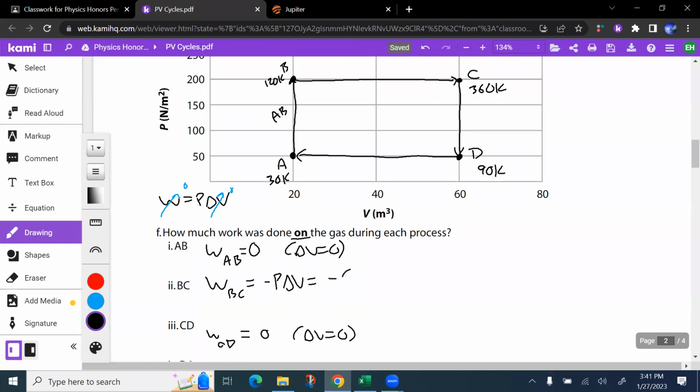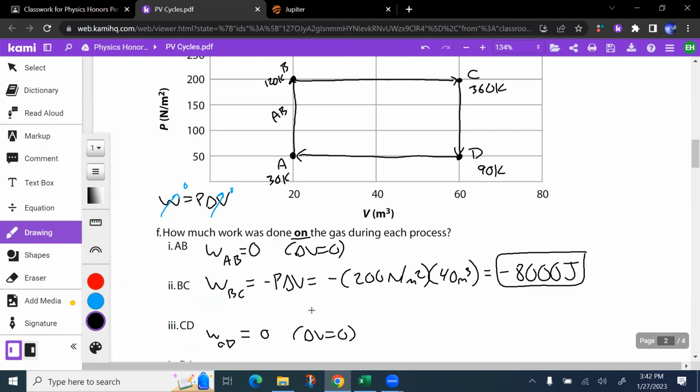It was 200 newtons per square meter times the change in volume, which goes from 20 to 60. So the change in volume is 40 cubic meters. And 200 times 40 would be negative 8,000 joules of work done on that gas.